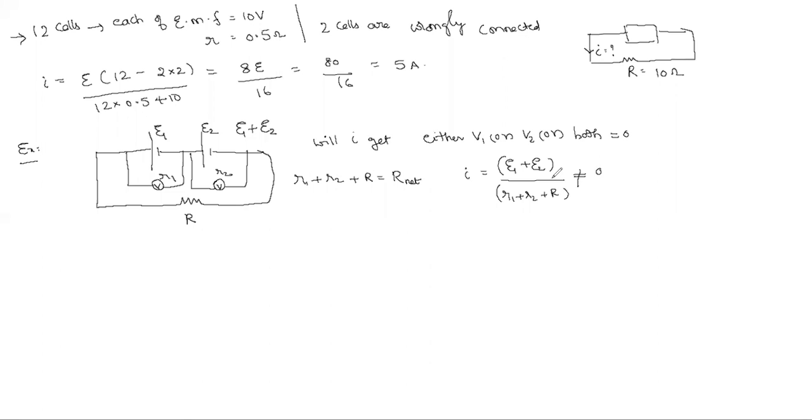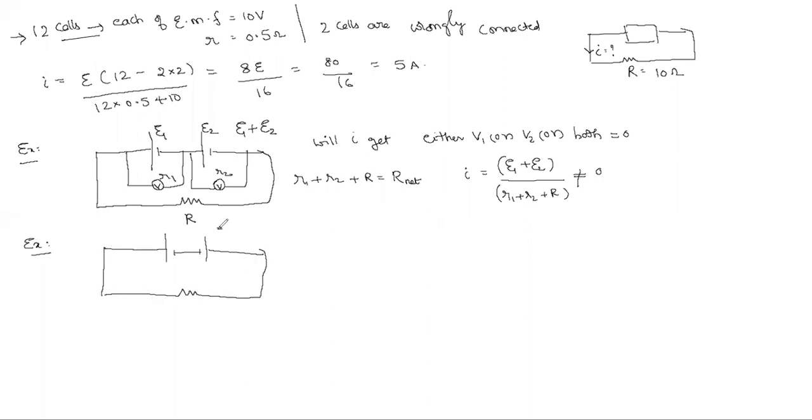Suppose one is unaiding, either E1 or E2. One is unaiding with the other. Are you following my logic, Nana? Yes sir. Suppose I draw another example, these are the 2 cells I am taking. I don't know which is unaiding with the other.